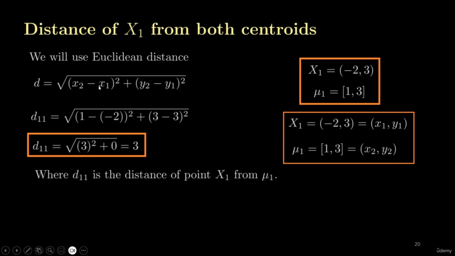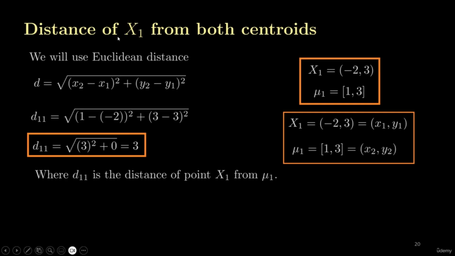Here x2 minus x1 is 1 minus -2, which is 3, and 3 minus 3 is 0. So you will end up with root 9, which is 3. Here d11 is the distance of x1 from mu1. So the distance of x1 from the first centroid is calculated and it equals 3.